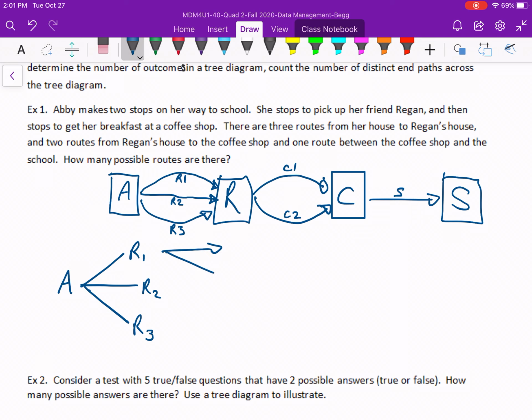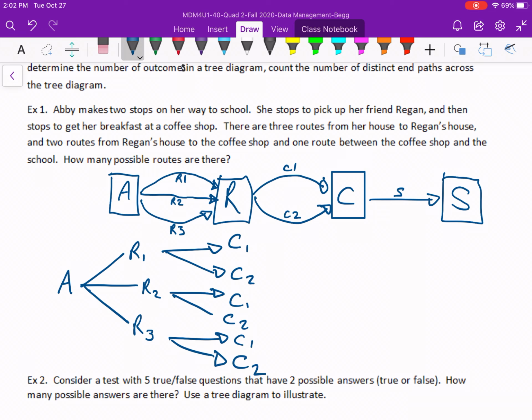And again, there's 2 ways to get to the coffee shop, C1, C2, either way you get there. If she went to Reagan's house the second way, there's still 2 ways to get to the coffee shop, so 2 paths from there, C1, C2 again, and then the 3rd way of getting to Reagan's house still leads to 2 paths to the coffee shop.